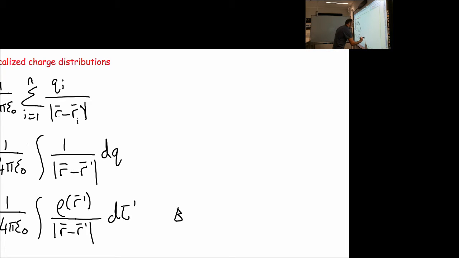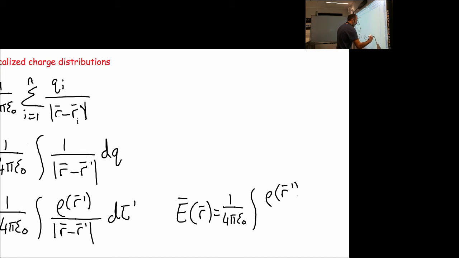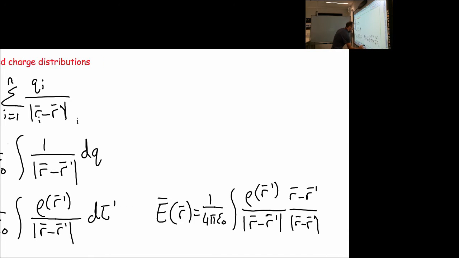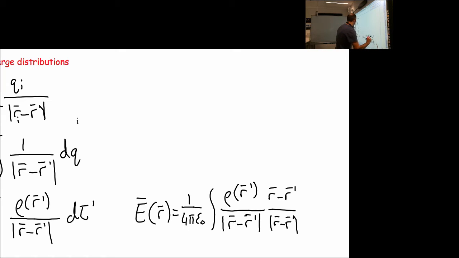Just to reflect a little bit, if we write down what the electric field is for our volume distribution, the electric field will be equal to 1 over 4 pi epsilon naught times the integral of rho of r prime over the magnitude of r minus r prime, times the vector r minus r prime divided by its magnitude, d tau prime.